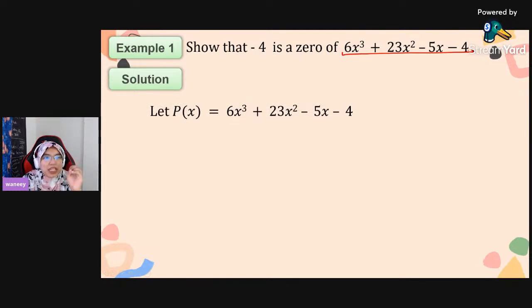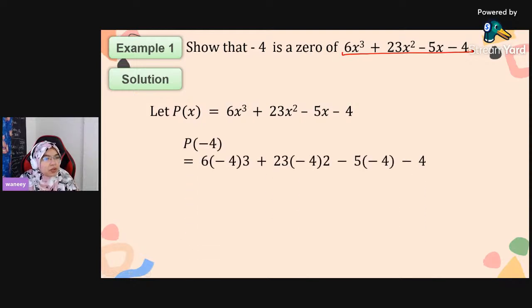Right, so to show that negative 4 is a zero for them, I'm going to try to substitute x with negative 4. And then I'm going to prove that when I substitute x with negative 4, the answer for this one will give me 0. Okay, so substitute x with negative 4. So you are going to get P of negative 4.